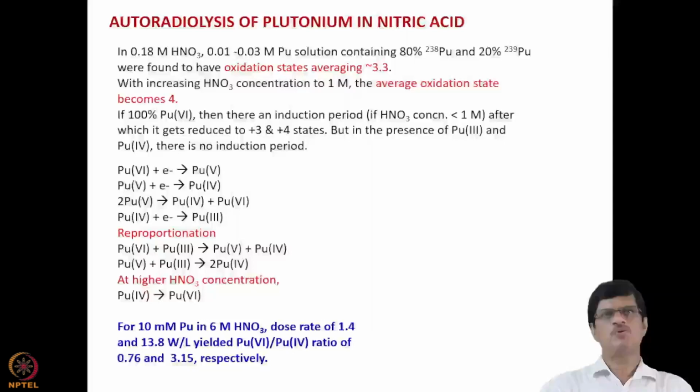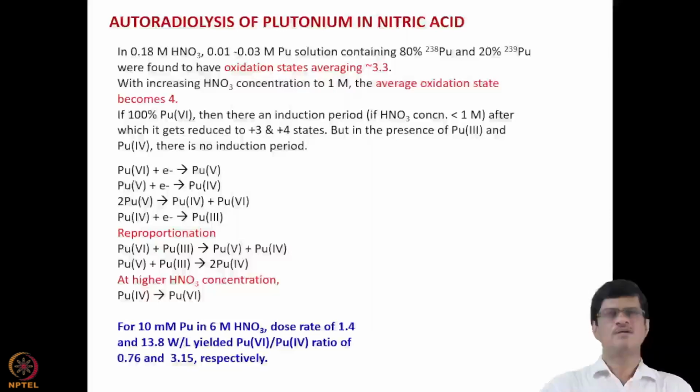If 100% plutonium-6 was taken, then there is an induction period initially if the concentration of the nitric acid was less than 1 molar, and subsequently the plutonium-6 was found to be reduced to the +3 as well as +4 oxidation state. But in the presence of plutonium-3 and plutonium-4, there is no induction period.